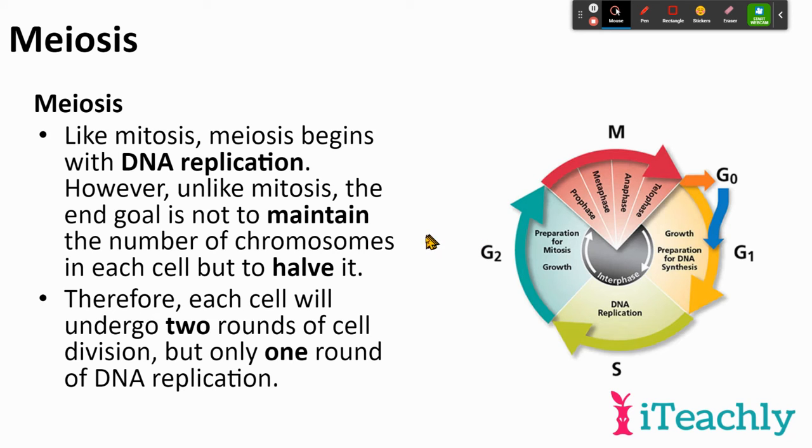But you're going to have to go through 2 rounds of these stages here, right? So you're going to have meiosis 1, and then you're going to have meiosis 2. They're going to go through those same stages twice.